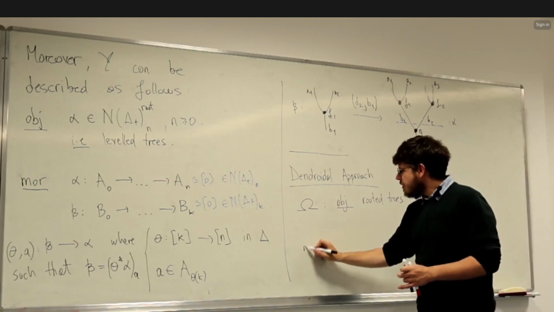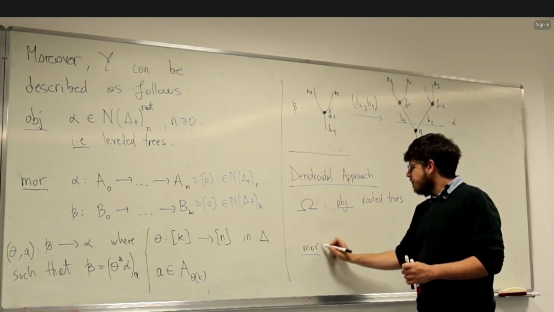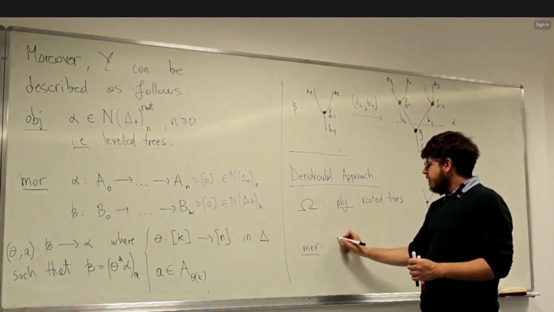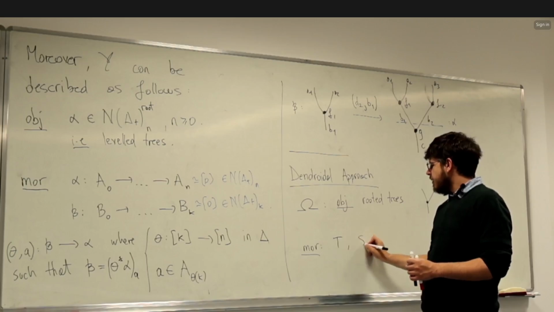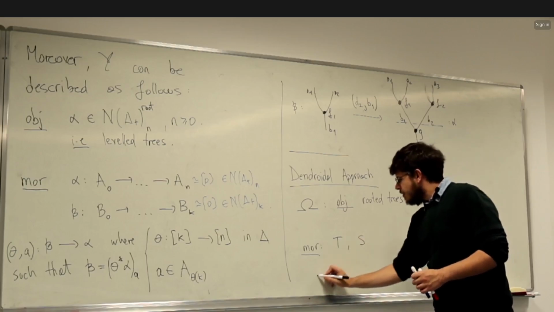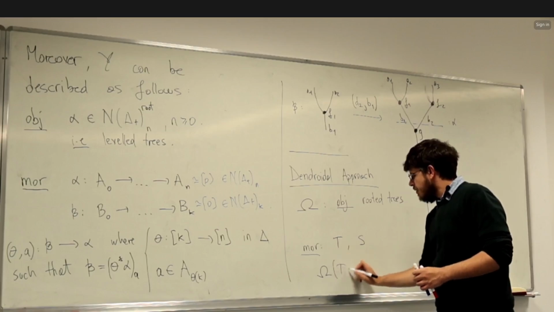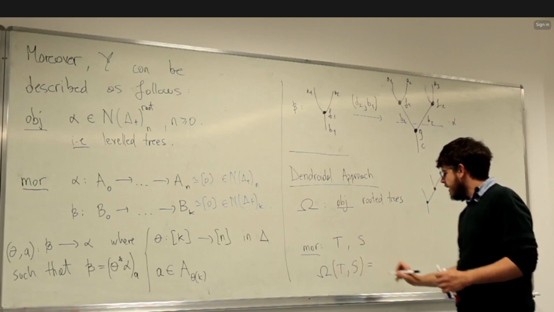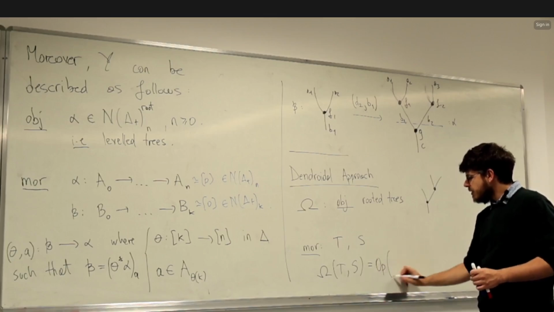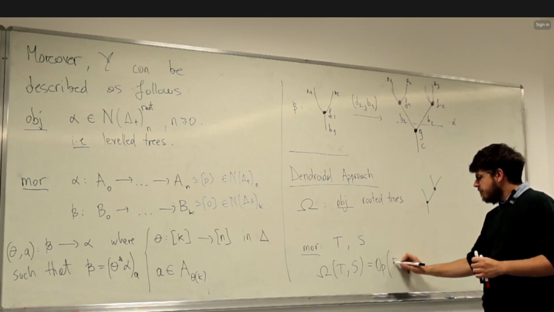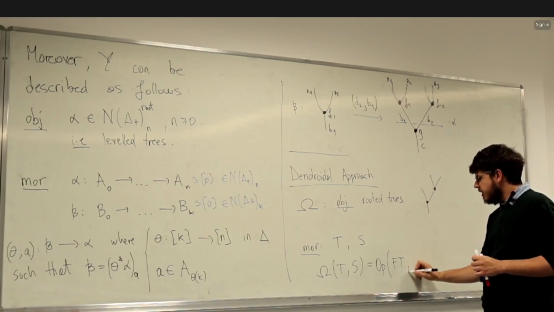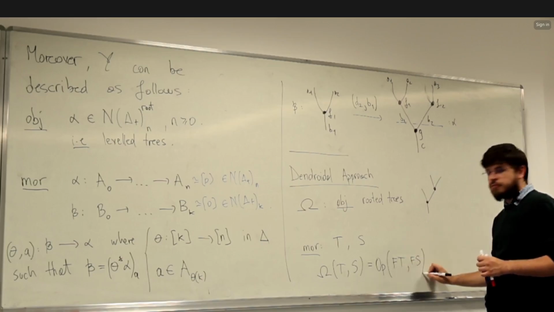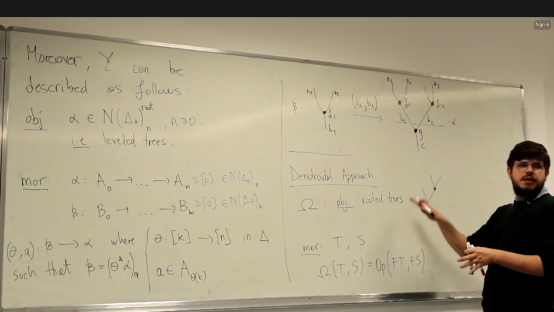And the morphisms, so say I have a rooted tree T and a rooted tree S. You define morphisms from T to S to be morphisms of operads between the free operad on T and the free operad on S. This is the dendroidal approach.